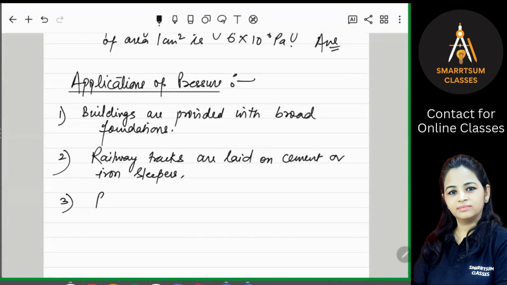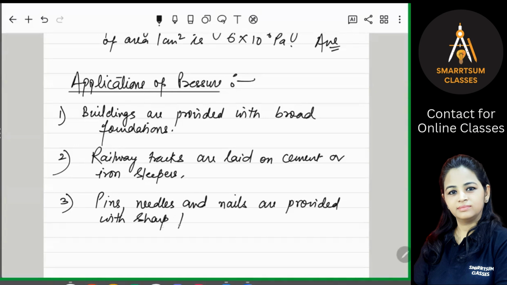Similarly, pins, needles, and nails, right? They are provided with sharp, pointed ends, right?